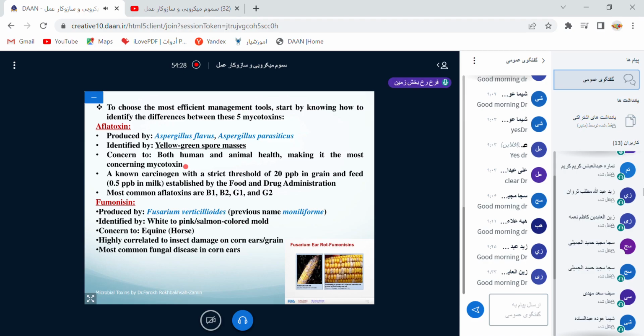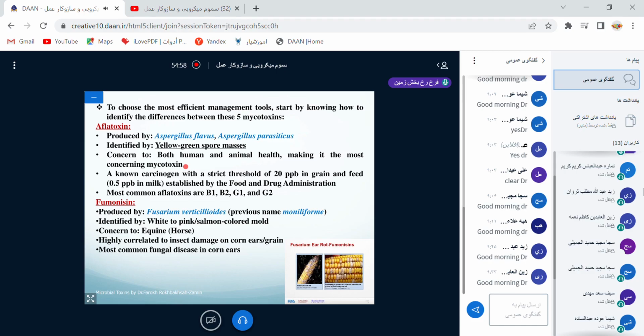a known carcinogen. When it comes to the human body, livestock and domestic animals don't have a long lifetime, because we raise them for a short time and then we eat them.